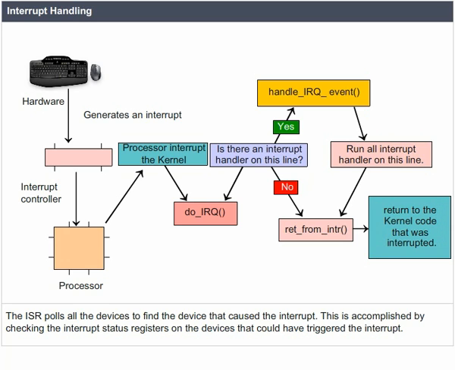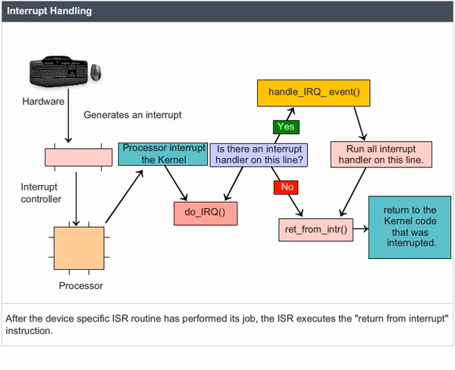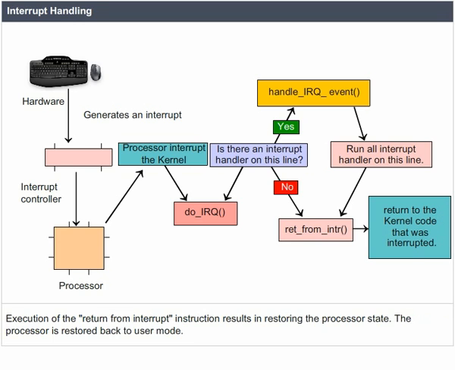Once a device is located, control is transferred to the handler specific to the interrupting device. After the device-specific ISR routine has performed its job, the ISR executes the return from interrupt instruction. Execution of the return from interrupt instruction results in restoring the processor state. The processor is restored back to user mode.